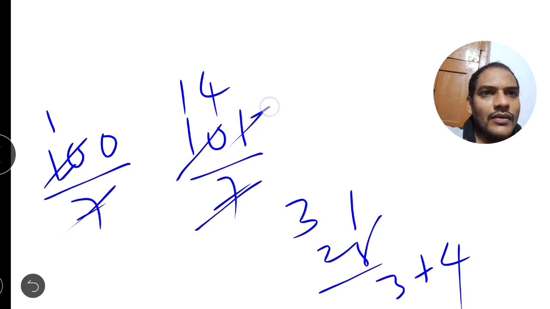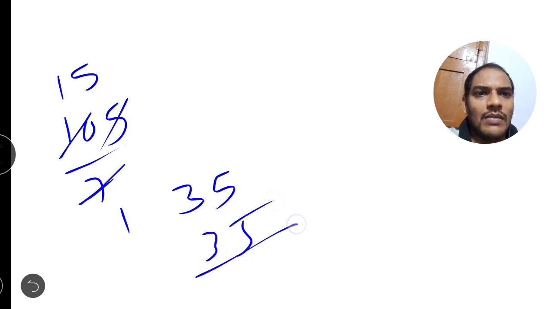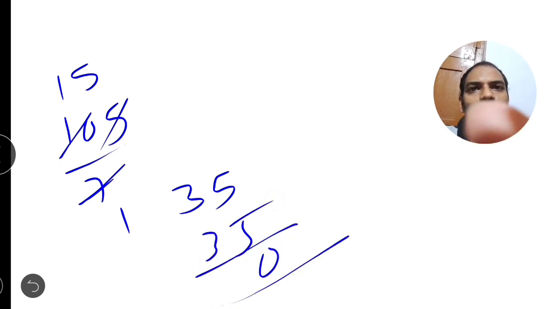So add 4 to 101, then 105. So 105 divided by 7: 7 ones are 7, remainder 3. Next digit 5. 7 fives are 35, remainder 0. So 105 is exactly divisible by 7.